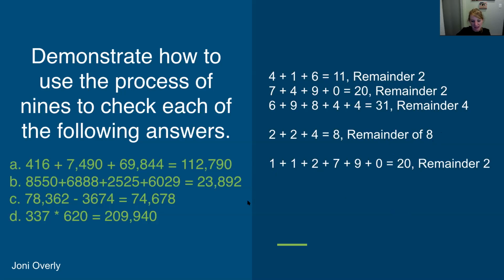So now we're going to take that and we're going to put the correct sum, which is 416 plus 7,490 plus 69,844 equals 77,750.